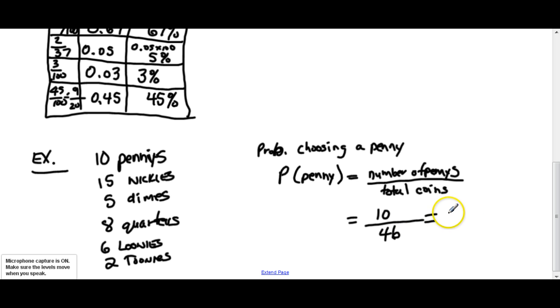Well, offhand, I can think of 2. If I was to divide both by 2, I'd end up with 5 over 23, because your fraction must always be simplified. So I would have a 5 in 23 chance of choosing a penny. That is my probability of choosing a penny.